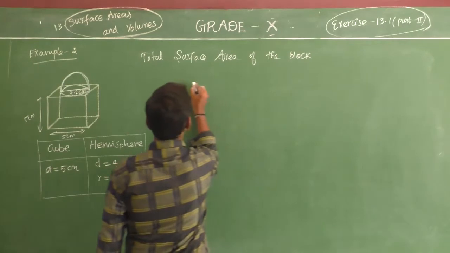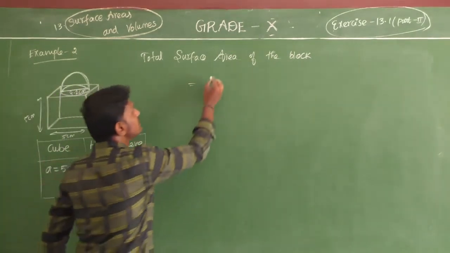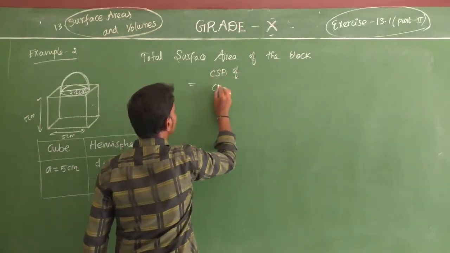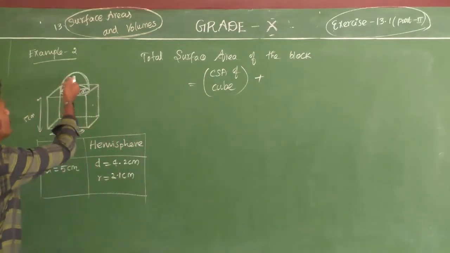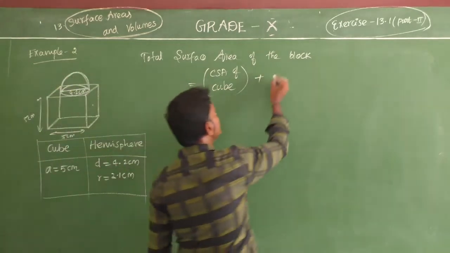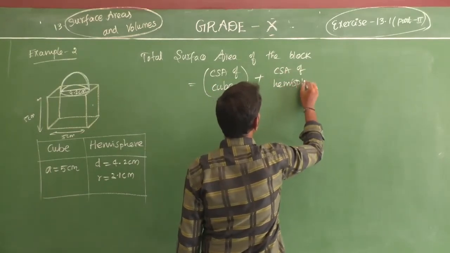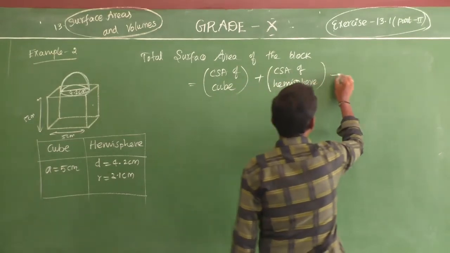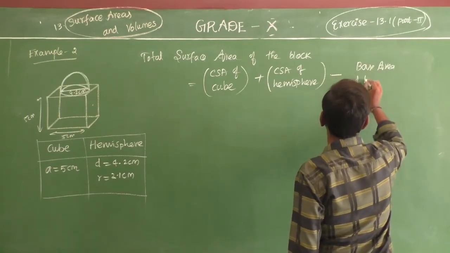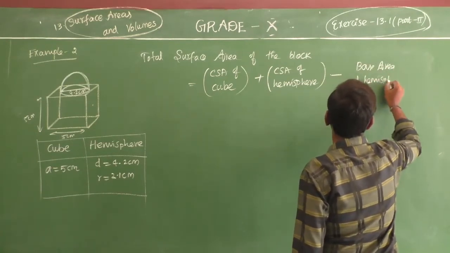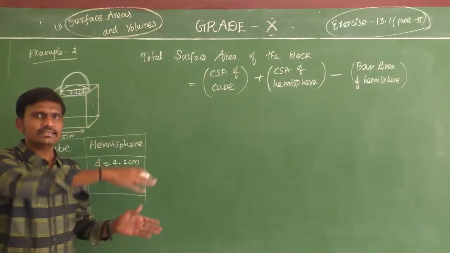So for that, see students, you have that cube. Now the CSA, I mean the surface area of the cube, CSA of cube plus CSA of the hemisphere, and then minus the base area of the hemisphere. So every cylinder, cone or everything, you have a base area, that is a circle only.